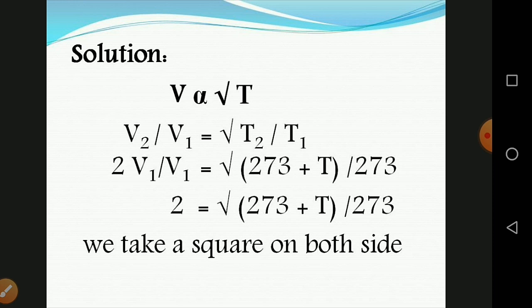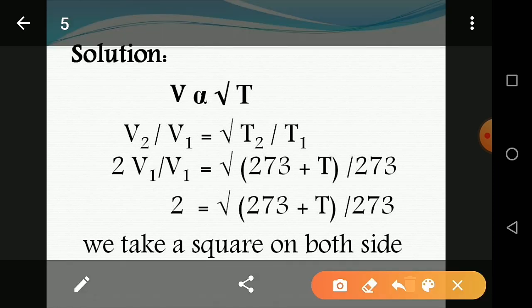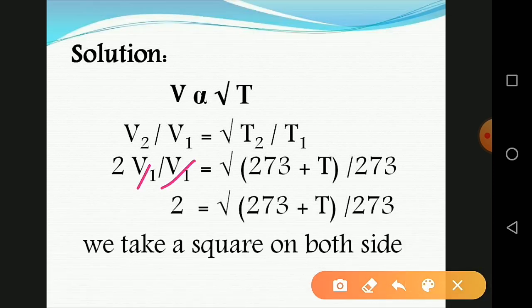We already know v2 is 2v1, so 2v1 divided by v1 equals root of 273 plus t divided by 273. Cancel the v1, so 2 is equal to root of 273 plus t divided by 273.